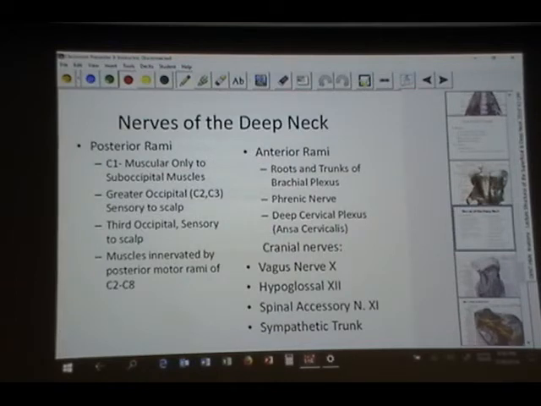Where do you think you're going to find the sympathetic trunk? What kind of a ganglionic group is it? What do we say it is? What kind of a group of ganglion is it? It's paravertebral. What does that mean? Adjacent to the vertebral column. Is the vertebral column in front of or behind the carotid sheath?